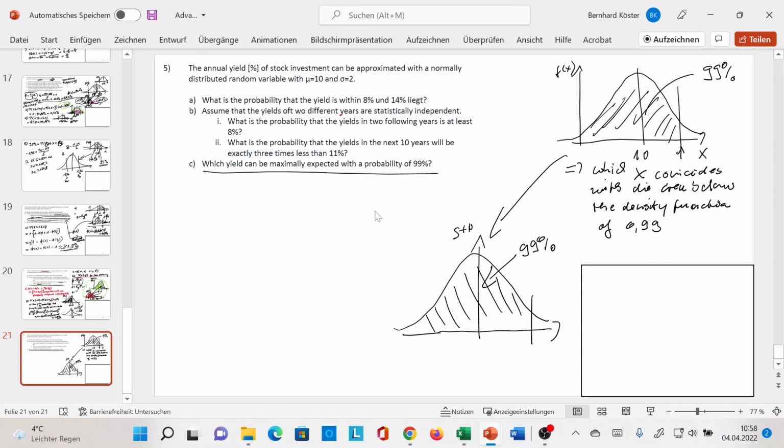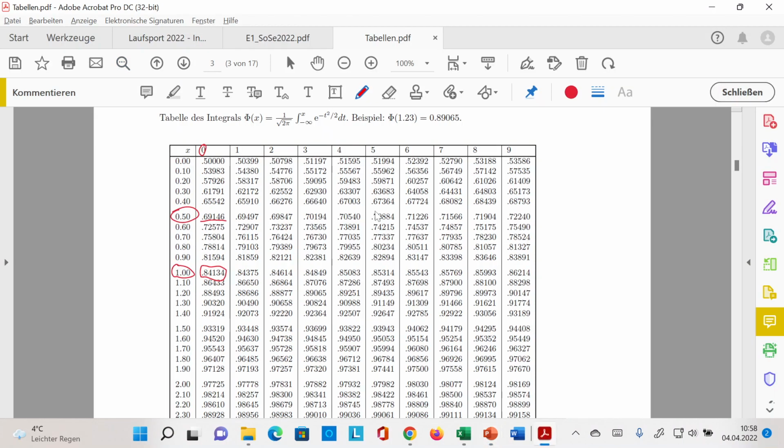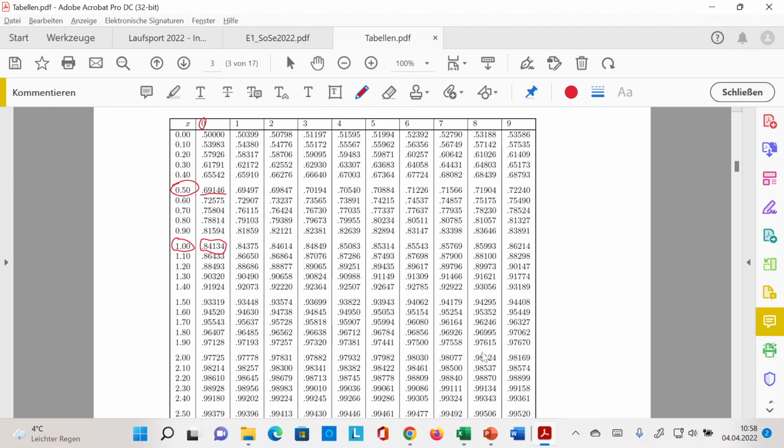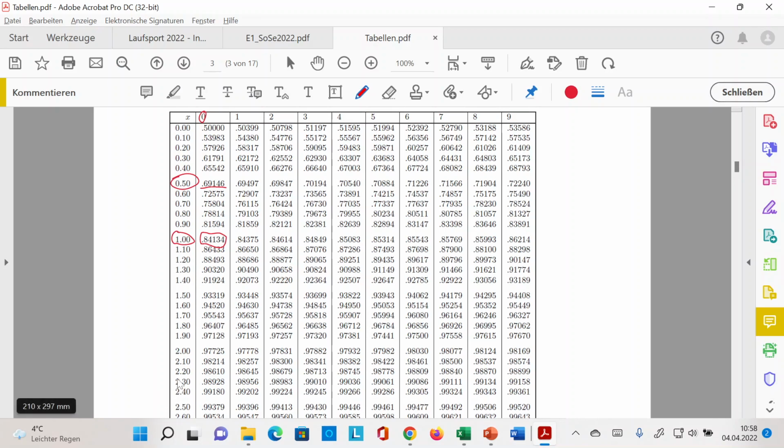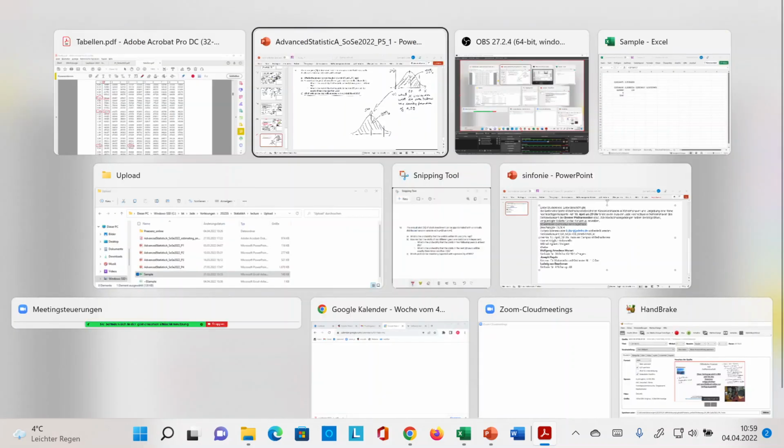For this we can go in our table, 99. We are around 2 point, here, 2.33 is more or less the value which we need for 99%. And this I gave you also in the lecture.